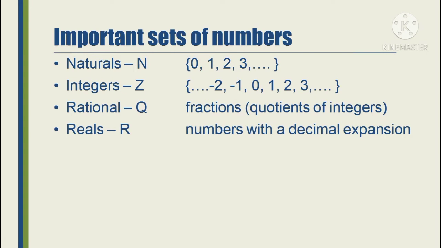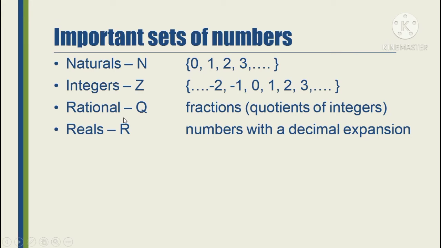Okay, important sets of numbers. So last video natin, na-discuss ko na to. So this symbol N is for natural, yun yung 0, 1, 2, 3, 4, 5 and so on. Pag naman integers, yun yung Z natin. So ito yung may negative and positive sign, yung integers natin: negative 2, negative 1, 0, 1, 2, 3, and so on.